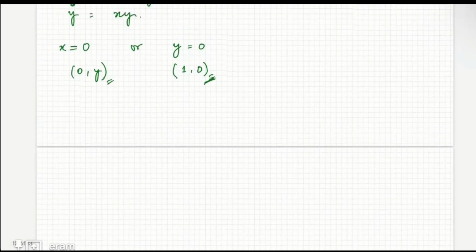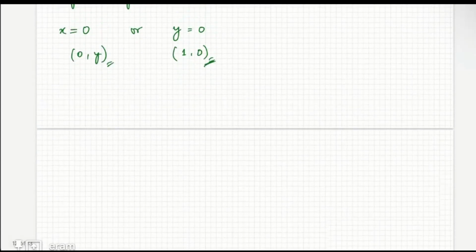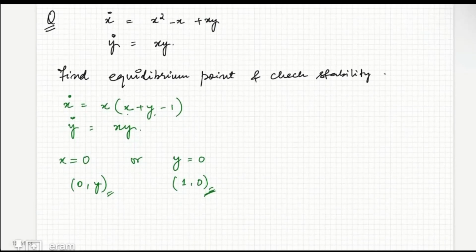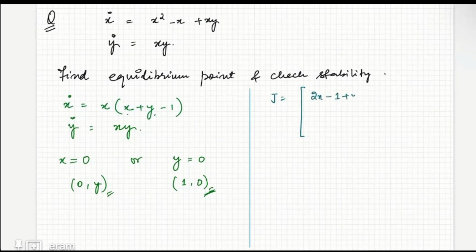So how should we proceed? Obviously we will linearize the system about this equilibrium point first. Now in order to linearize, we have to find the Jacobian. So let's write the Jacobian J. It is [2x minus 1 plus y, x; y, x].